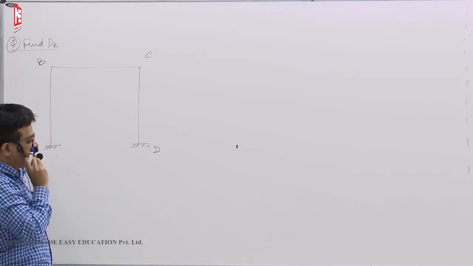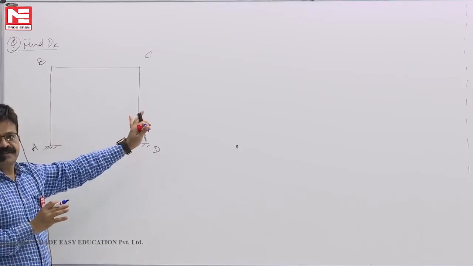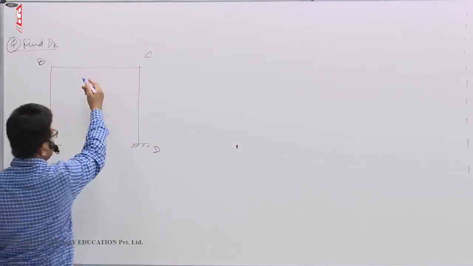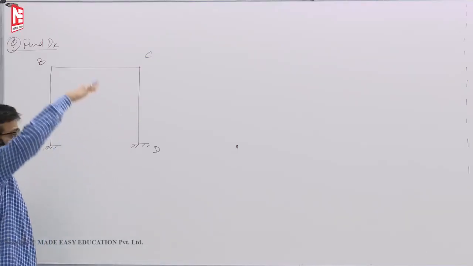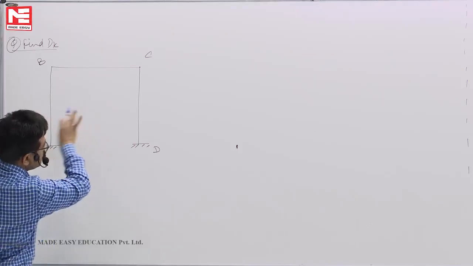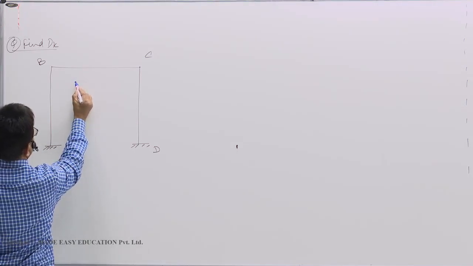That sway can be to the right or to the left depending on the horizontal force direction. Assume that it sways to the right, okay, and AB member axial force also is there, so it contracts, sways. So B has come to say somewhere here, B dash.